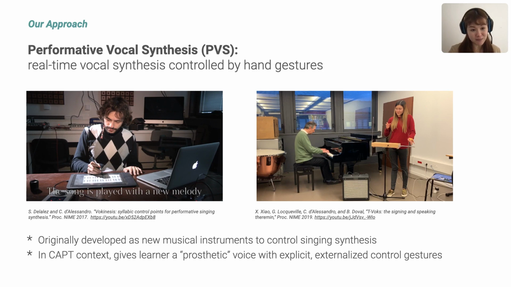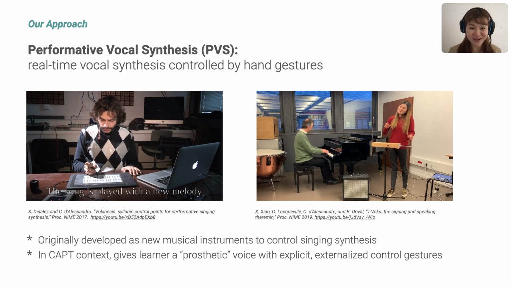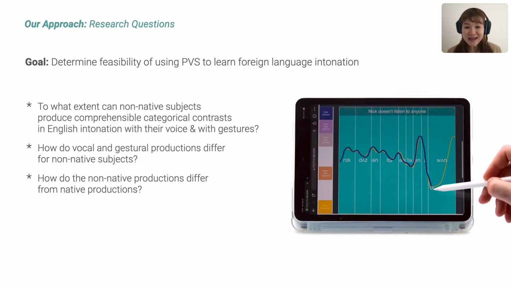So PVS was originally developed as new musical instruments to control singing synthesis, and with theremin also. And we think that having this pre-recorded phrase that you can then change with your gestures with the help of a visual guide can be a way to help learners practice intonation.